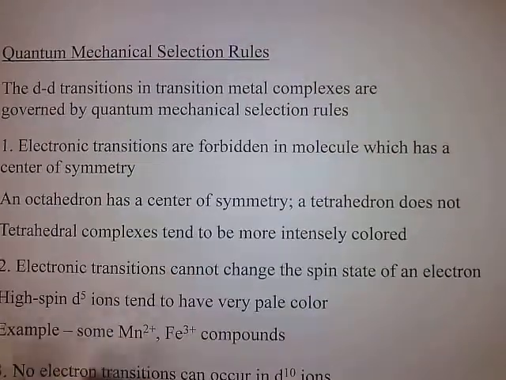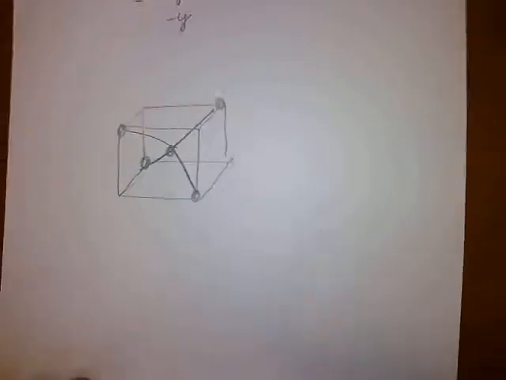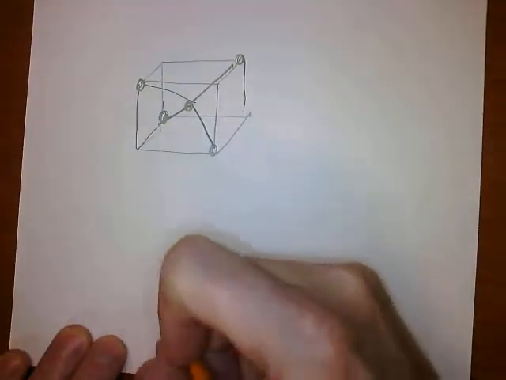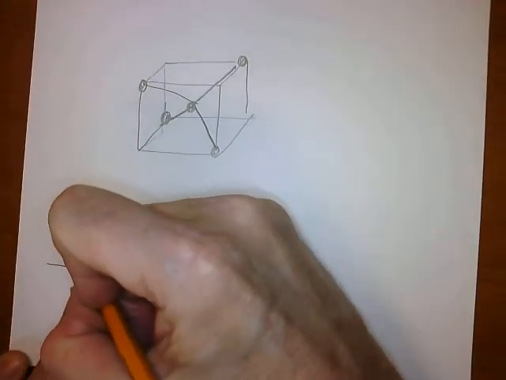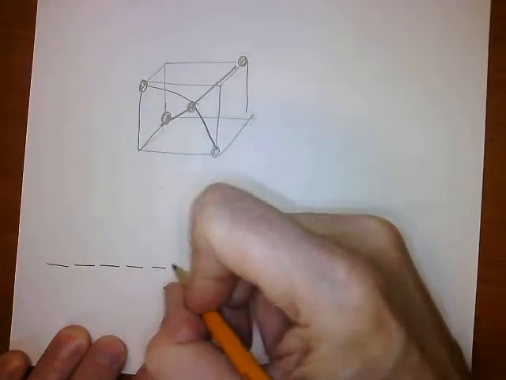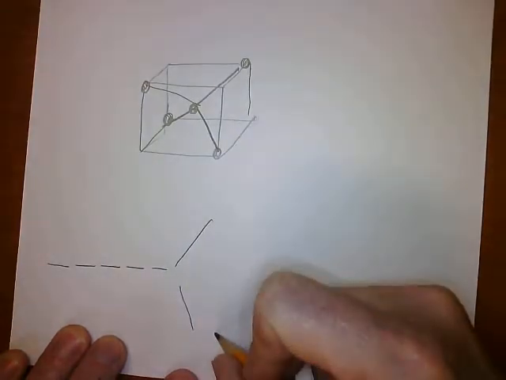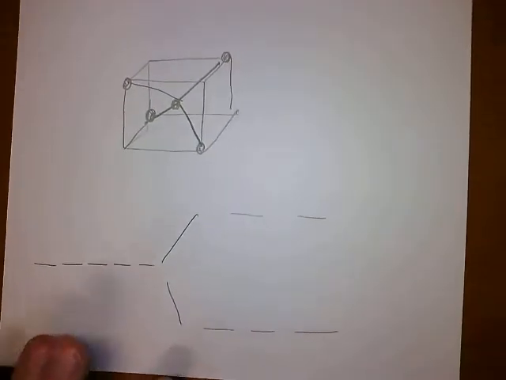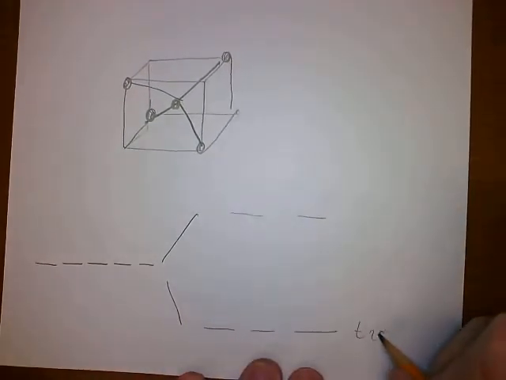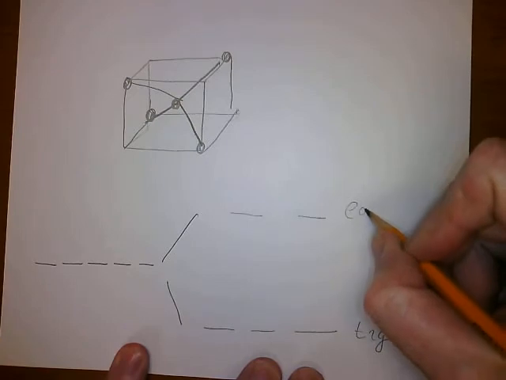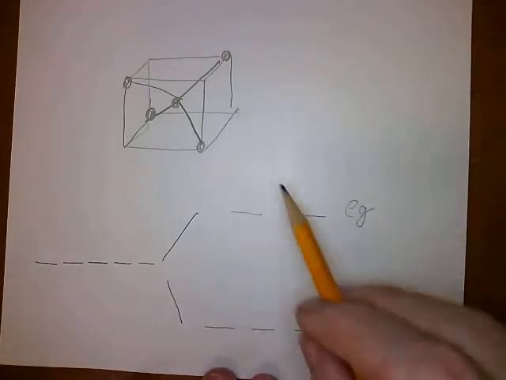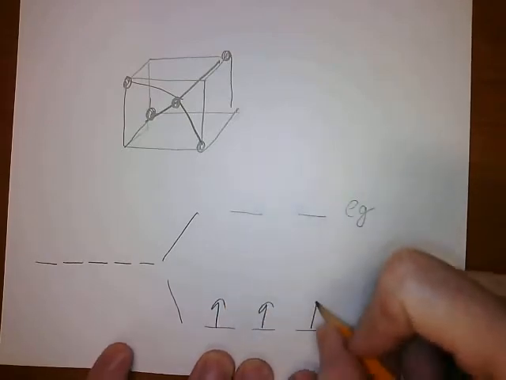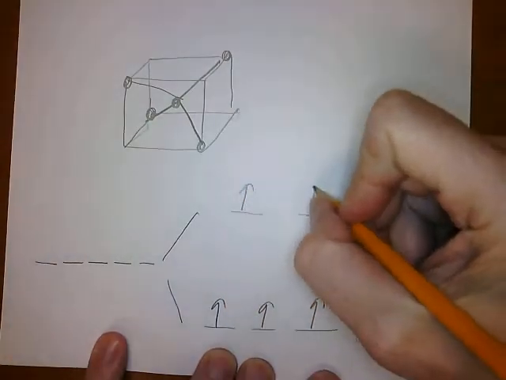As a consequence of that d5 configuration, if we split our orbitals into the t2g and the eg, and we only have five electrons in a high spin d5, we go 1, 2, 3, 4, and 5.